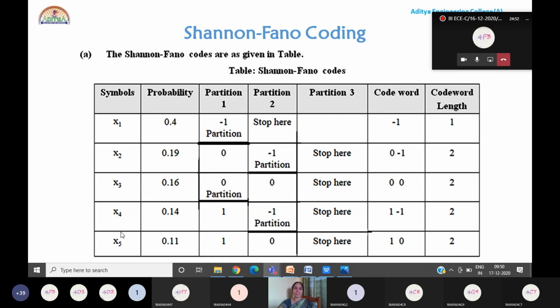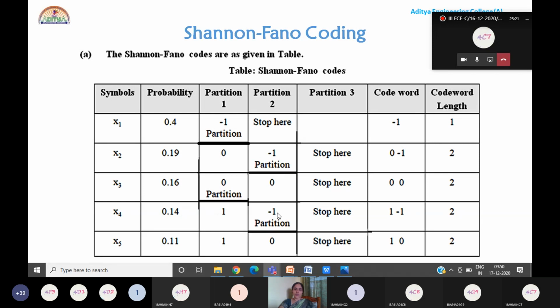The same will happen for the x4, x5 subset, because the third subset also consists of only two elements. We have a possibility of partitioning it into three, but because there are only two elements, we partition it into two and assign -1 to the upper subset and 0 to the lower subset, because a third element is not present.